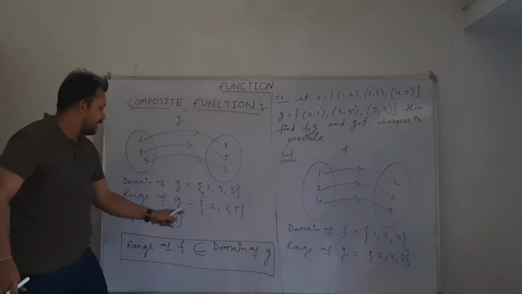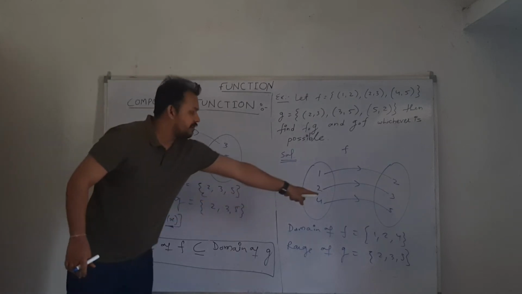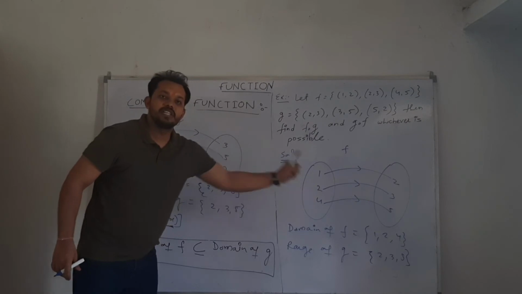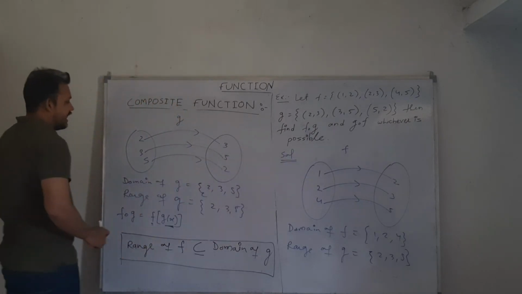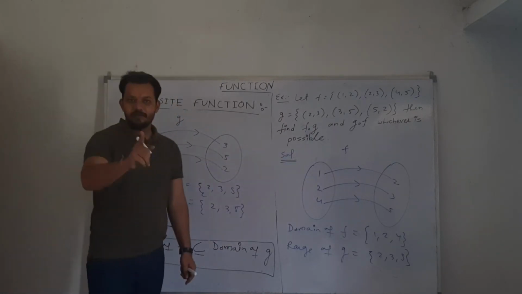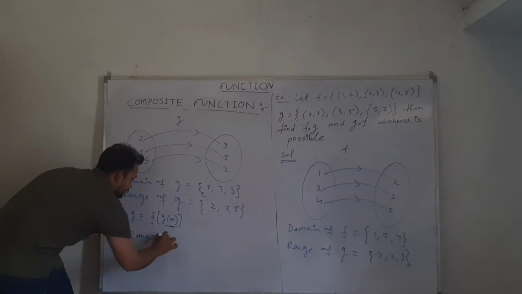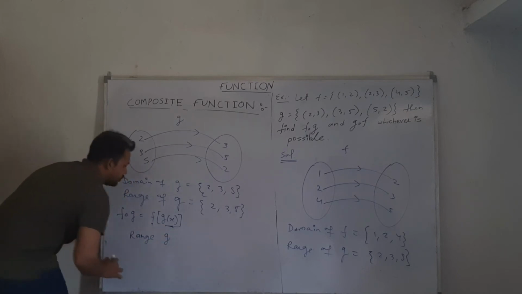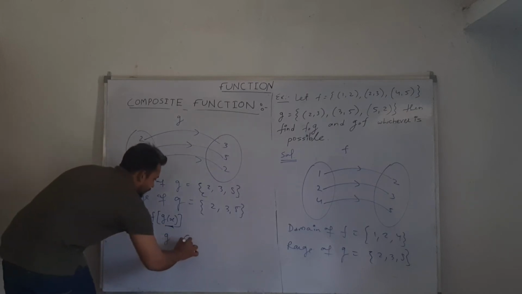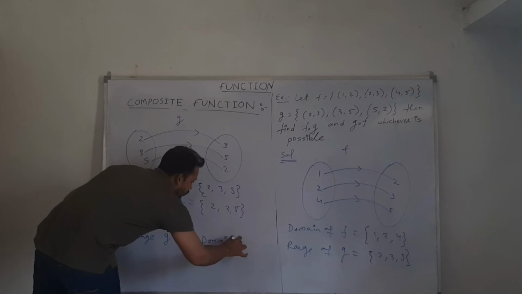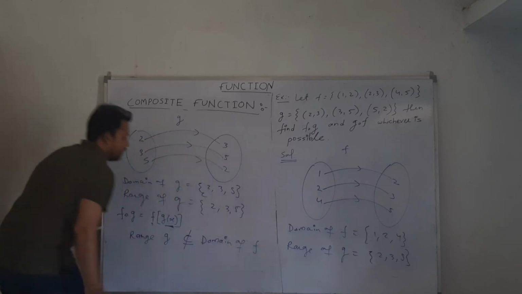No, because elements 3 and 5 do not belong to the domain of function f. Hence we can say that they are not a subset. Hence the range of function g is not a subset of the domain of function f.